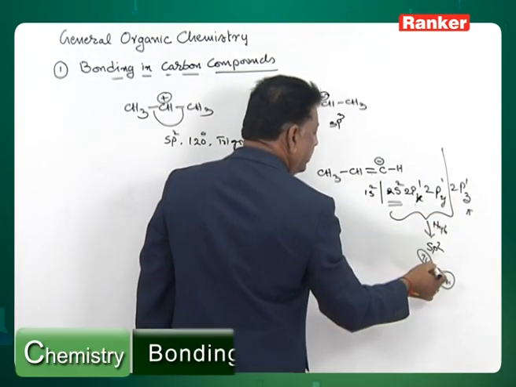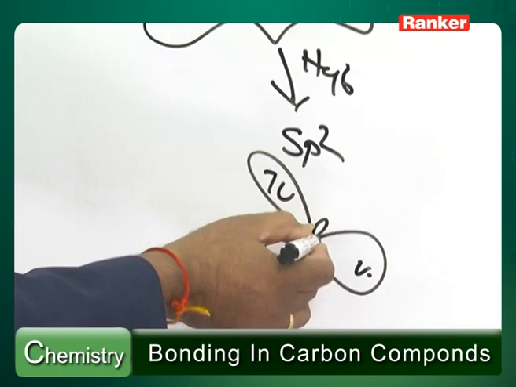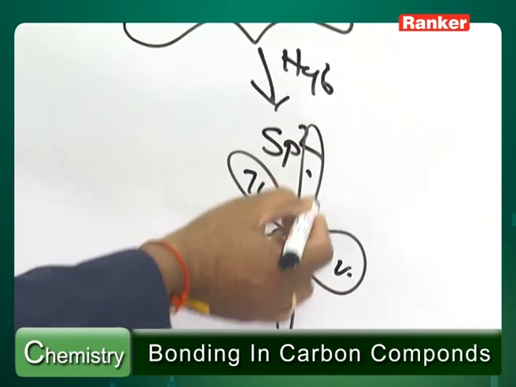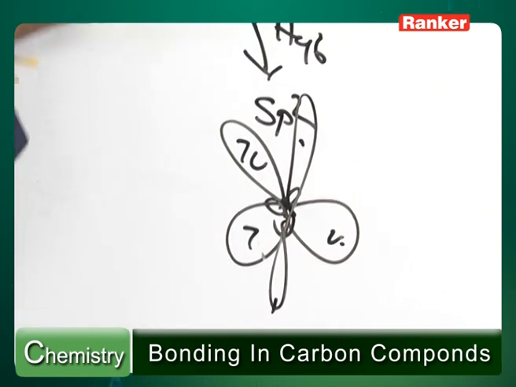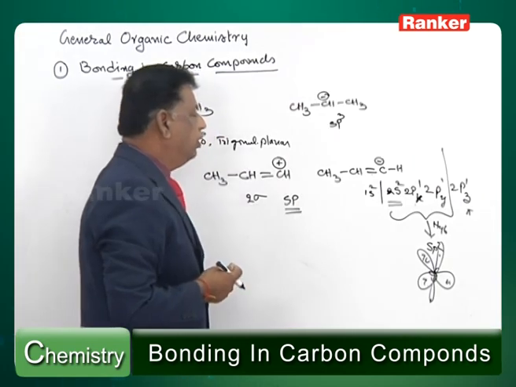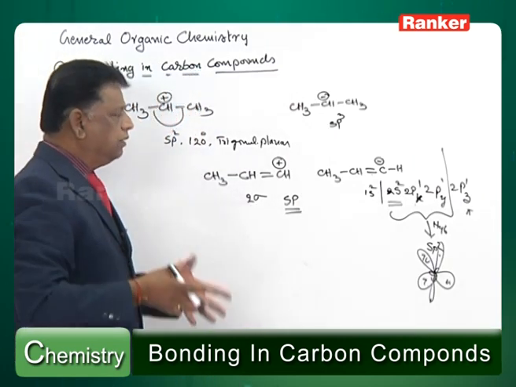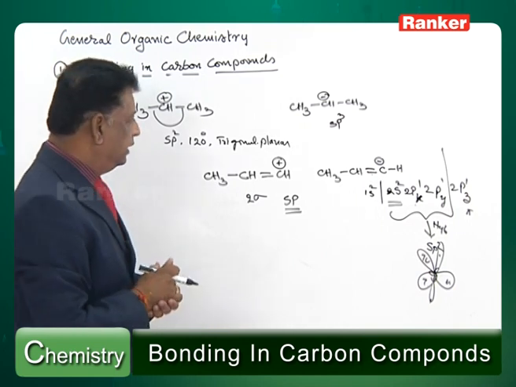The 1 single electron undergoes pi bond formation with the neighboring carbon. So, it is not that all carbanions will have sp3 hybridization.